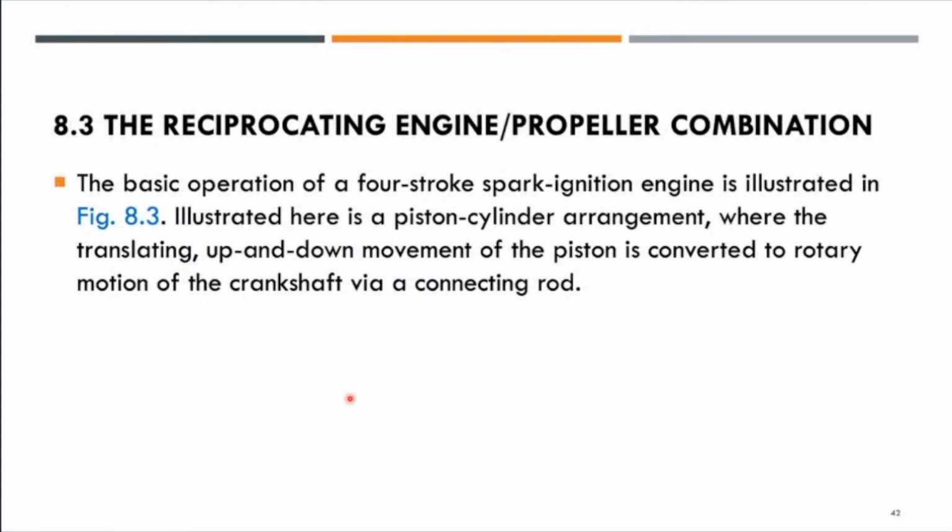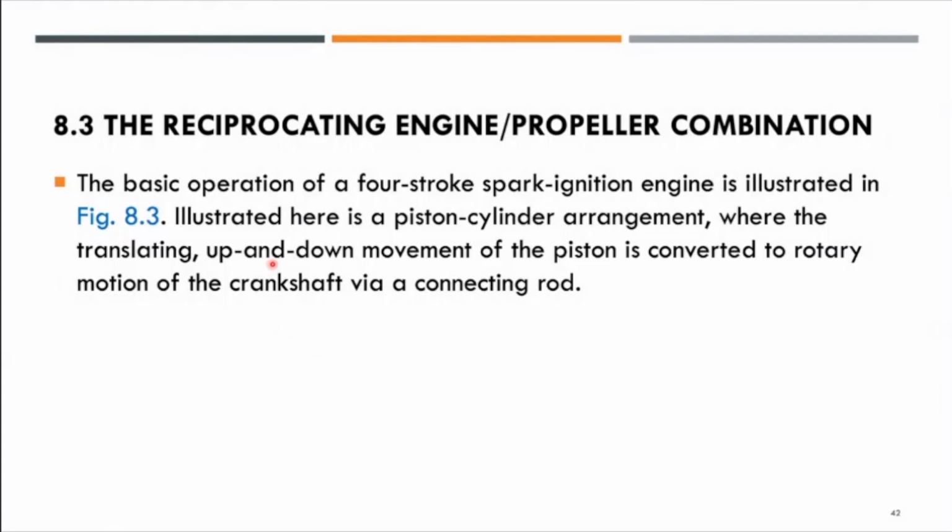The basic operation of a 4-stroke spark ignition engine, we have already looked into in a detailed explanation in our earlier topic on the piston engine. This is just a recap, illustrated in figure 8.3.